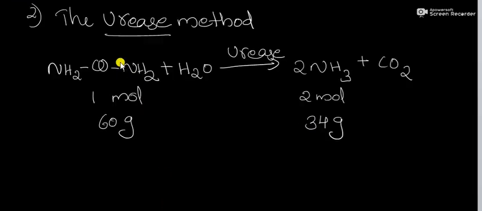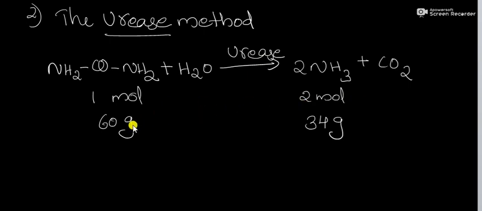Next method is the urease method. Urea in a known volume of the sample solution, for example urine solution, is hydrolyzed in the presence of water and urease, that is an enzyme, at 60 degrees Celsius to produce ammonia and carbon dioxide. This is the reaction.